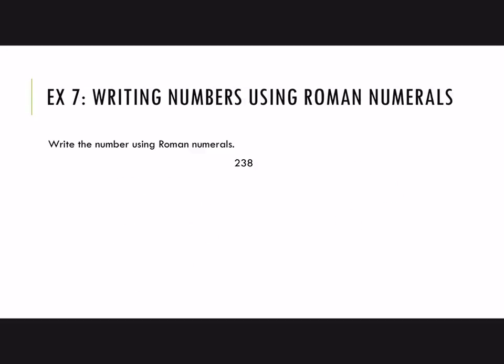All right, how about 238? So first of all, let's split this up. Let's look at 230 and 8. Okay, 200, we have a symbol for hundreds, and I can write 2 of those. So 2 C's. And we don't need to worry about the shortcut until we get to a spot where we would need 4 of a symbol.